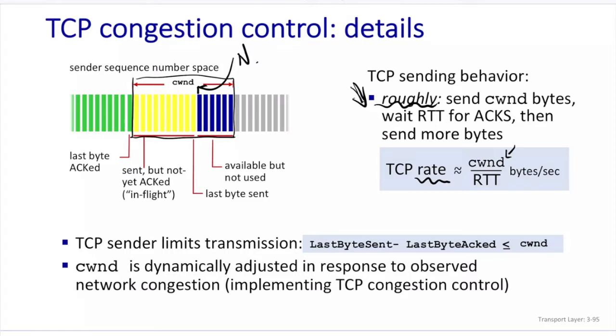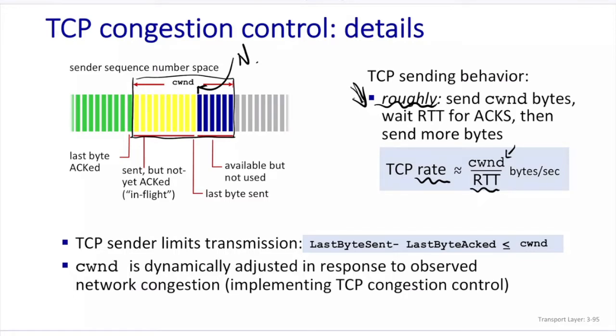That means how many bytes you can send in flight when all the packets in the congestion window are yellow. There's that amount of bytes, okay? And as we mentioned before in the pipeline design, in an RTT, a round trip time, you should send all the yellow packets out, right? Because after one RTT, the first ACK should come back.